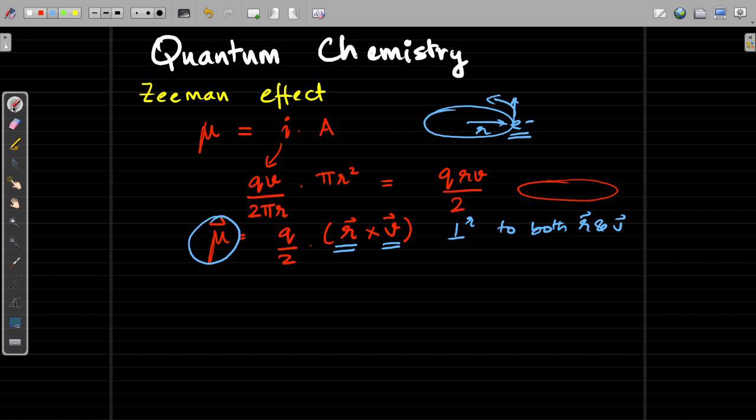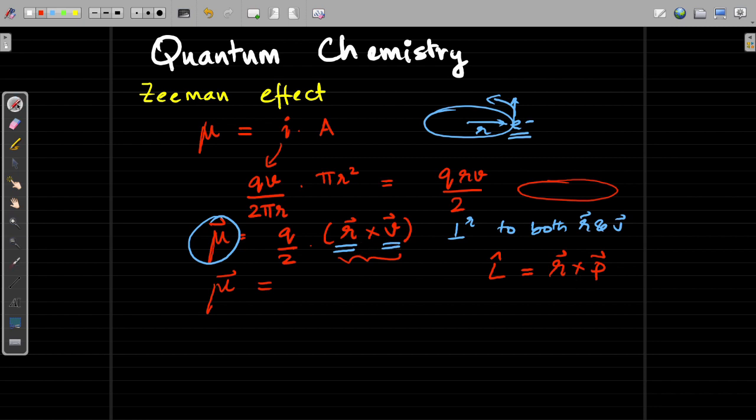Now, having seen this, if you pay close attention, you are able to recognize the fact that the mu has an r cross v component. A little bit of recollection would make you remember that the angular momentum is given by r cross p. The only difference between this equation and the one we just saw for the magnetic dipole moment is that it's an r cross v versus an r cross p.